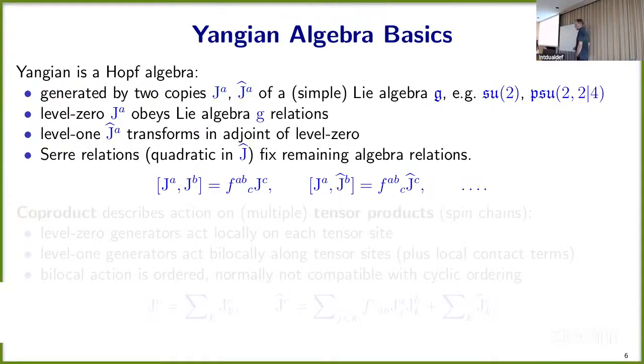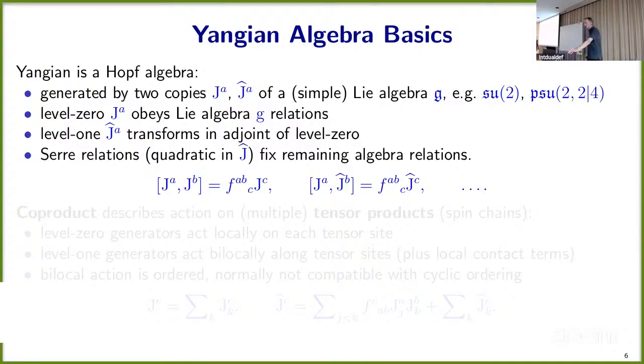So yeah, the Yangian is a Hopf algebra. Just let me give you a very lightning review of how this Yangian works. You can see it as generated by two copies of the underlying Lie algebra for your model, that is PSU(2,2|4), or say in more simple spin chains PSU(2). So two copies. The level 0 copy is just a plain Lie algebra of the symmetry, so there's nothing very unusual about it.